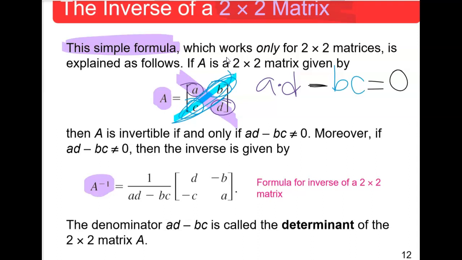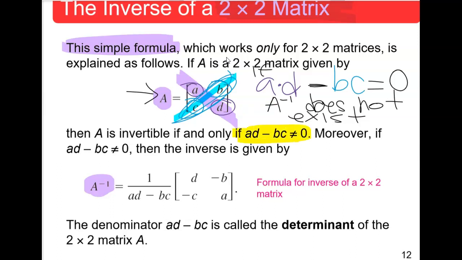So let's say if that product equals 0, A inverse does not exist, meaning that matrix A is non-invertible. However, if that product is not equal to 0, that means that A is invertible, and therefore there is an inverse.